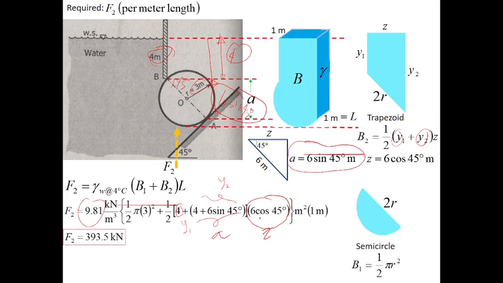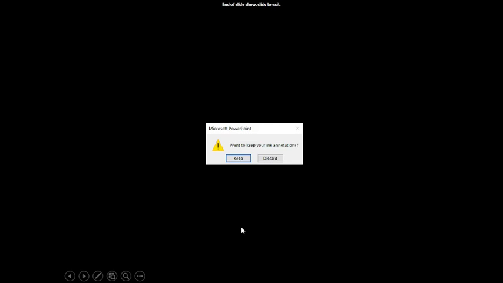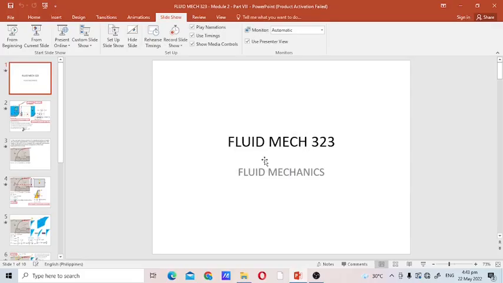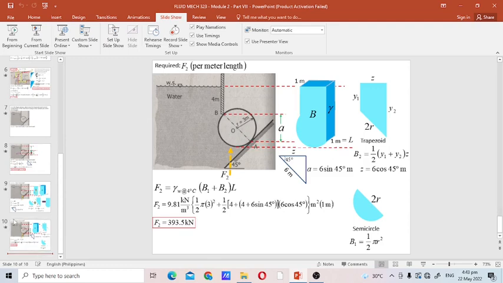No? And then, length. Length ay 1 meter. Per meter length, di ba? Per meter length. Kaya nag-arrive tayo sa 393.5 kilonewtons. Okay? So that ends my presentation. So I hope you get it, no?